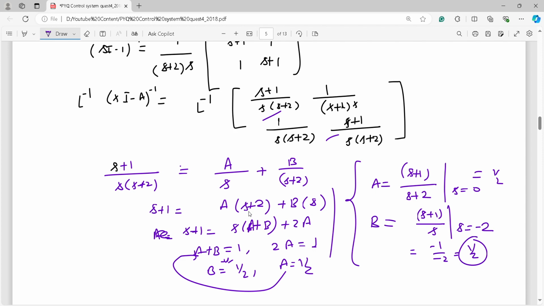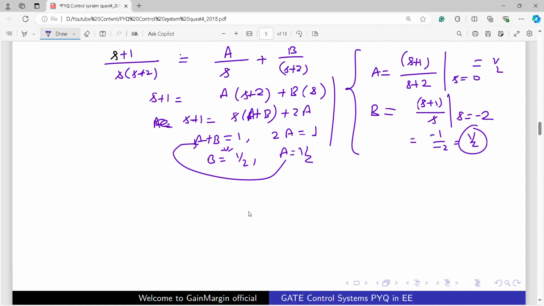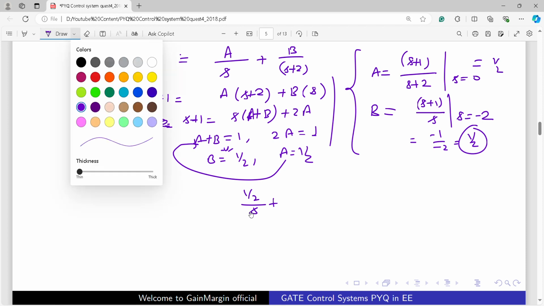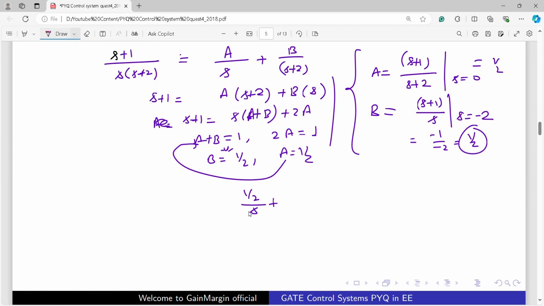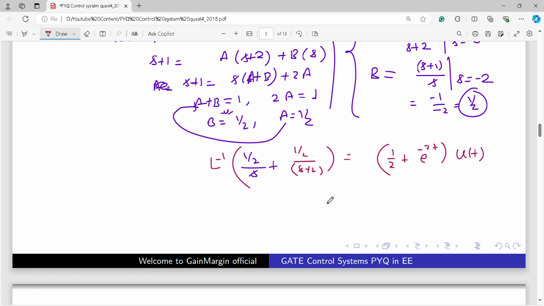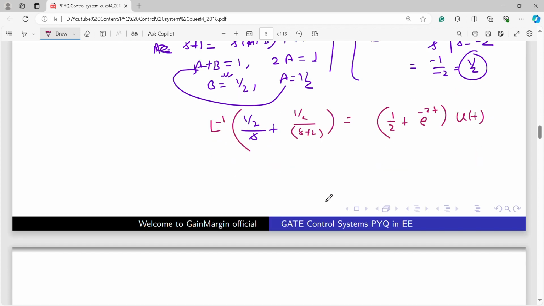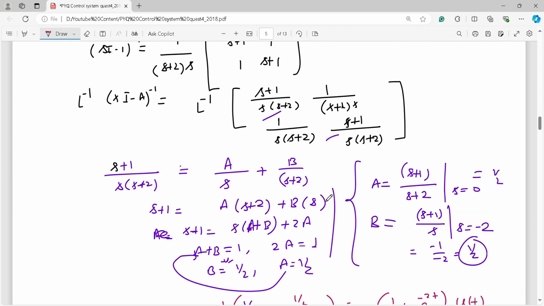So finally we can say the Laplace inverse of this term, 1 by 2 by s plus 1 by 2 by s plus 2, will give 1 by 2 plus 1 by 2 e to the power minus 2t u(t), because the ROC will be on the right-hand side of this plane. So here 1 by 2 e to the power minus 2t. Similarly for this term we can also find out.